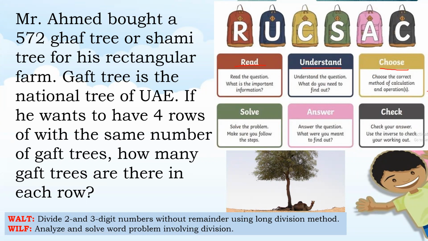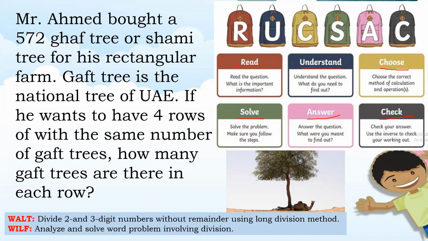Choose the method of calculating: multiplication, addition, subtraction, or division. Number 4 is S, which stands for solve. Number 5 is answer, to answer the question. And last is to check if the answer was correct or not.